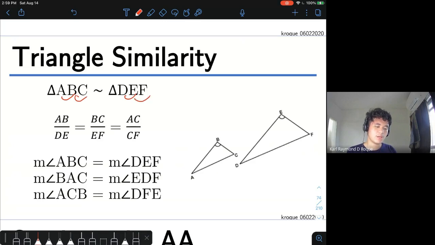AB is to DE, BC is to EF, AC is to DF. Or AB is to BC equals DE is to EF.